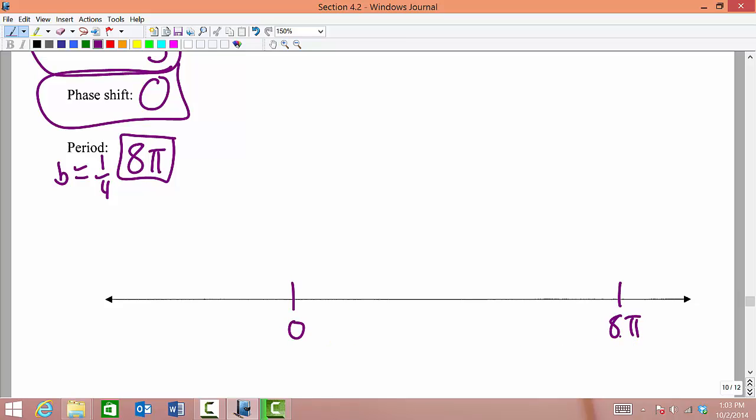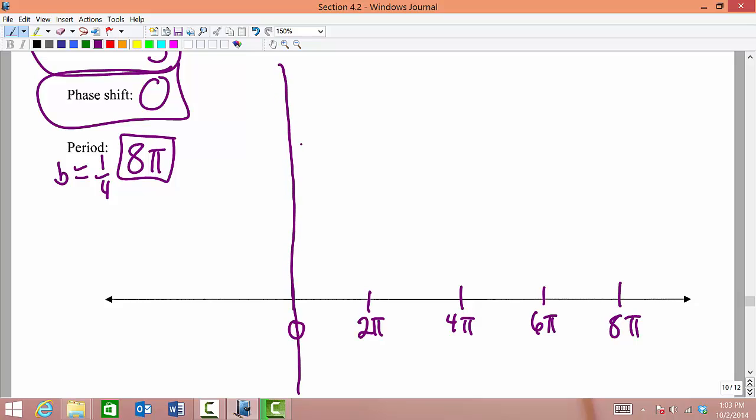What's halfway between 0 and 8 pi? We'll add together, divide by 2, we get 4 pi. Directly in between 0 and 4 pi would be 2 pi, and between 4 pi and 8 pi would be 6 pi. So that's a very easy way to find our midpoints.